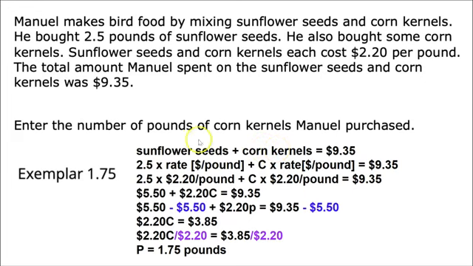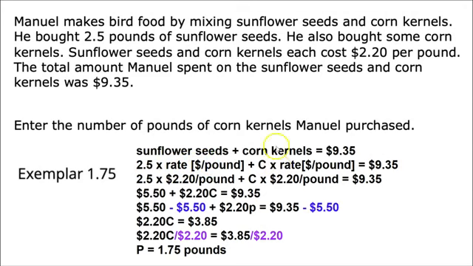Now we have to figure out the cost of the sunflower seeds and the corn kernels. We know that we have 2.5 pounds of sunflower seeds, and we know the rate, which is $2.20 per pound. So we times those two values together, because if the desired unit is in the numerator, we are timesing to make sure that we have dollar amounts.